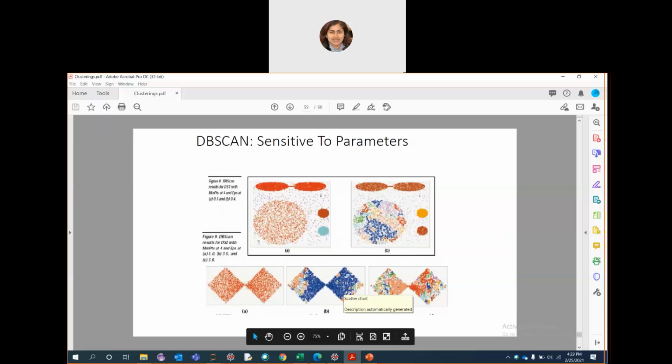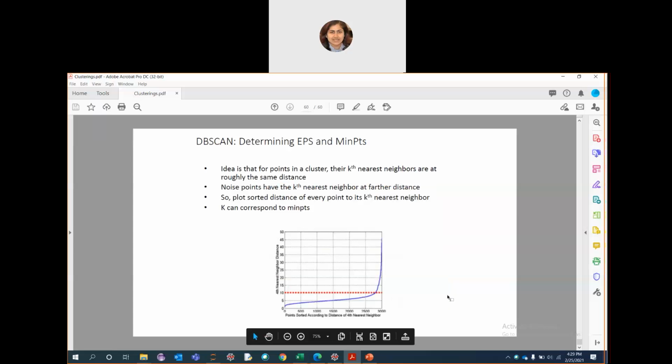Using that, to some extent, you may be able to choose your epsilon and min points effectively. Let's see that slide.